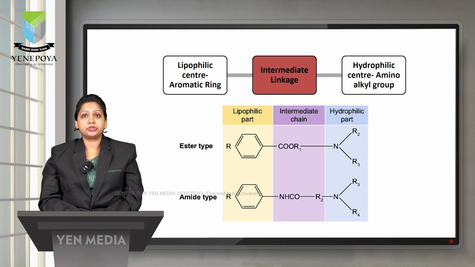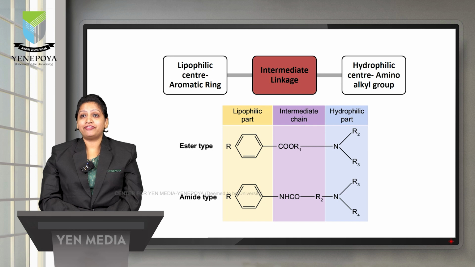The nature of substituents on the aromatic ring, which we already studied earlier, can affect the electronic nature of this linker molecule and can contribute to higher potency and stability. They also give a steric block to protect the linker from metabolism.